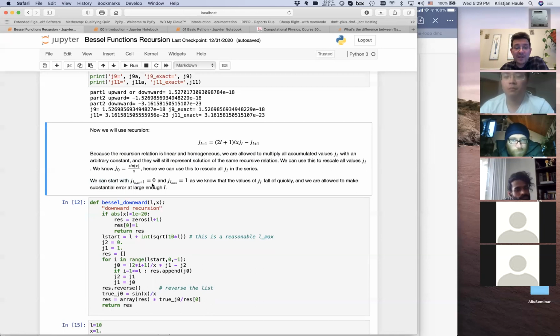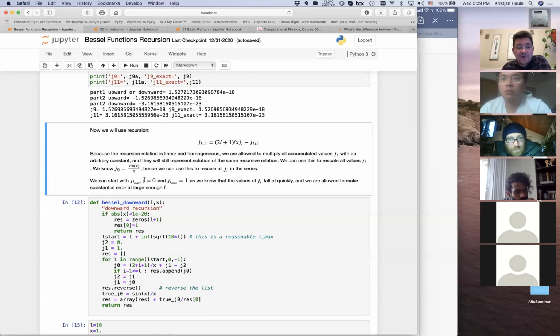The important information that we know is that JL falls off with L. In other words, for each higher value of L, the value will be smaller and smaller. That's the information we need, and in this case it is true.